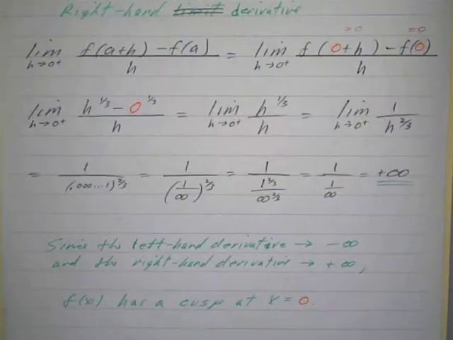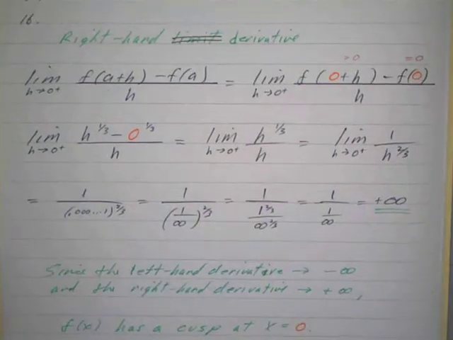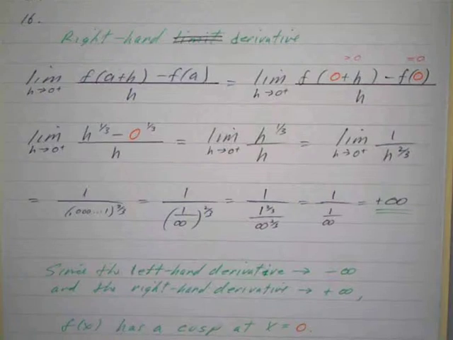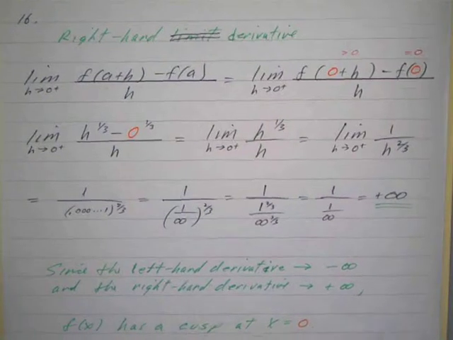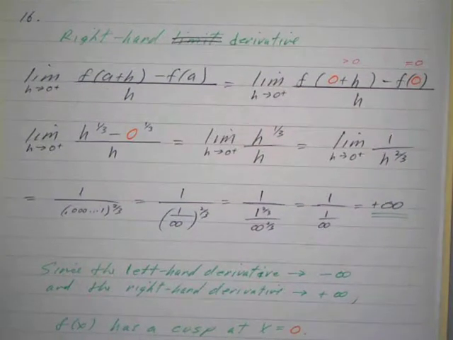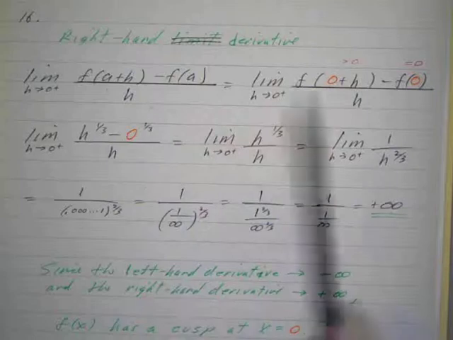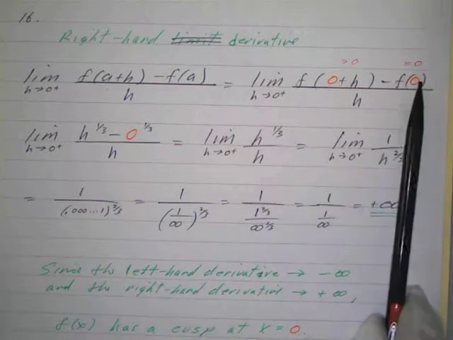Although a derivative is a limit, in some problems we're using left and right-hand limits, and we're using left and right-hand derivatives. So the right-hand derivative is the limit as h approaches 0 from the right of f of a plus h minus f of a over h, and then I'm going to be at 0.